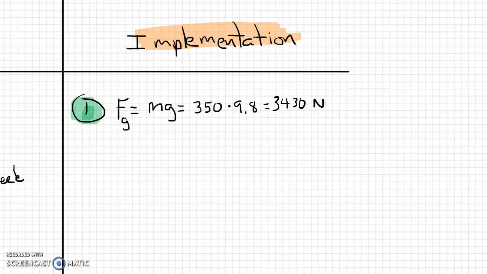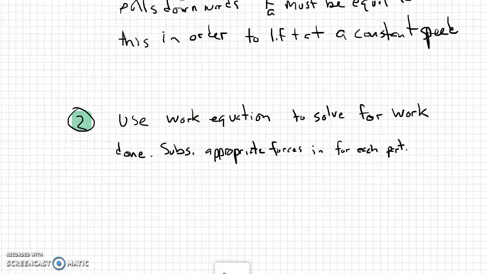This gives us the magnitude of the force of gravity. The applied force is going to have to be equal to this in order for it to move upwards at a constant speed.